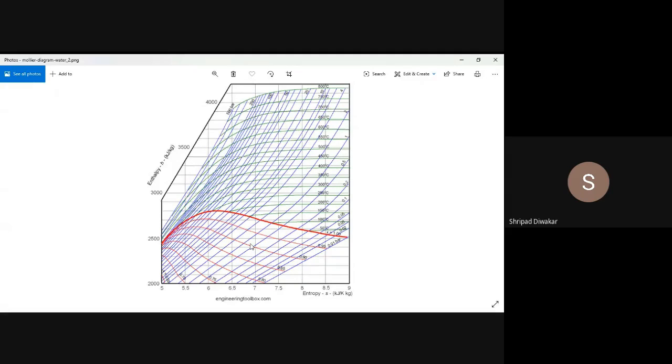Then once again, you have to find these values from the steam tables. As I said, you have to refer to the steam table. Share the steam table.